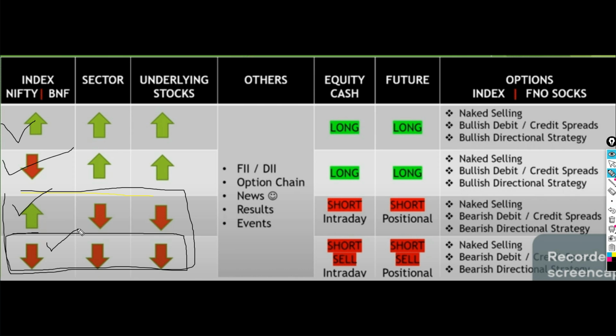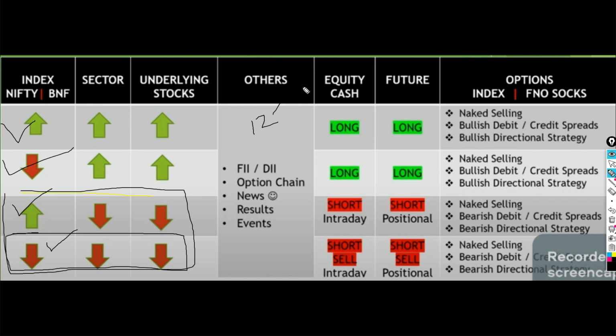You have to identify Nifty is in a downtrend, and then we have 12 sectors. We all know we have 12 different sectors, like IT, FMCG, pharma, auto, realty, media. Whenever the Nifty goes up, it doesn't mean that all the 12 sectors will be going up. There will be 6 to 7 sectors which will be coming down.